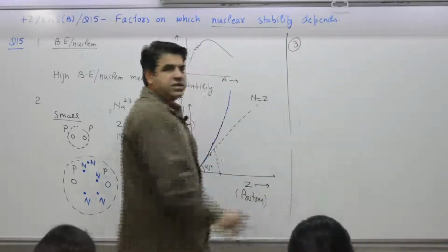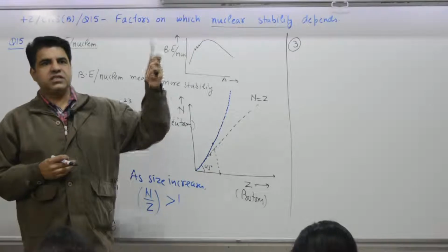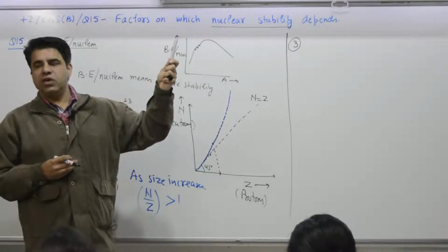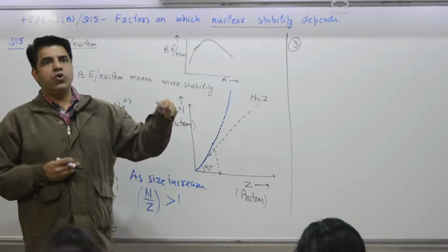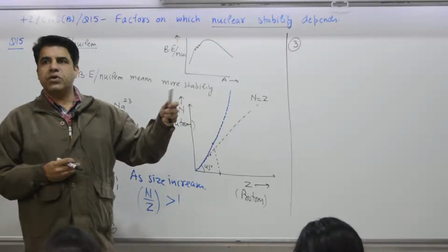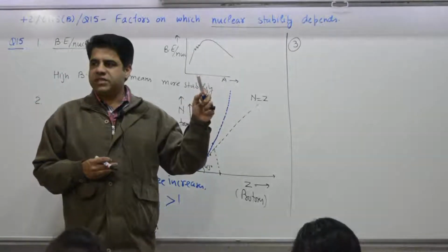Point number 3. In the periodic table, the gases at the end, helium, neon, argon, krypton, are more stable because they have filled orbits. Agreed?